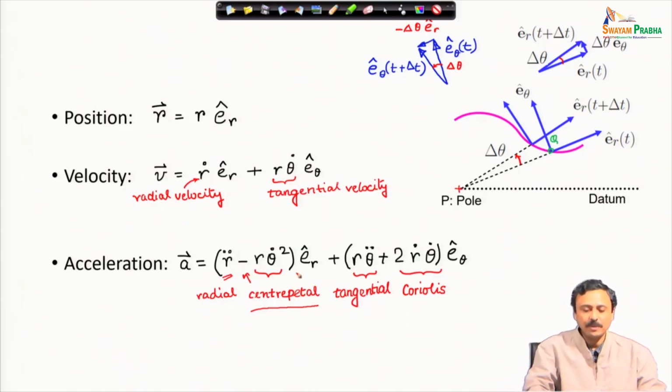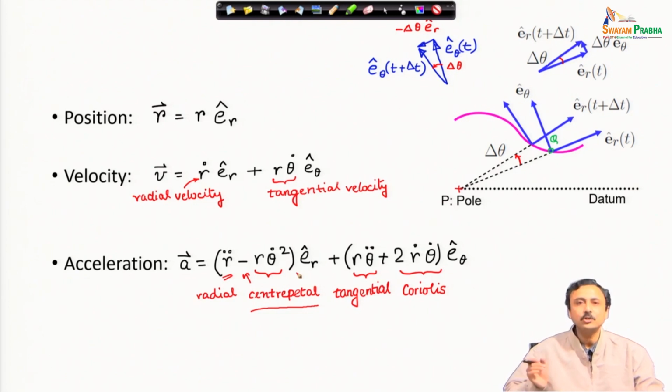If you open up the brackets, then the centripetal acceleration is towards negative e_r, that means towards the pole, towards the center, it is centripetal. So, it is center seeking. So, it is towards the pole, it is negative of r θ dot square e_r.